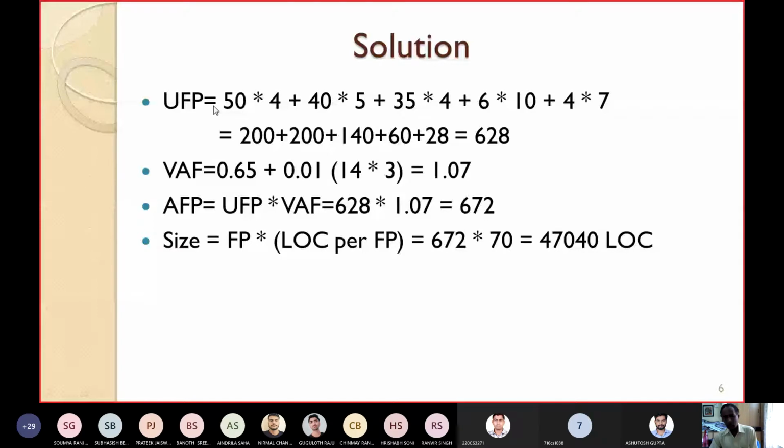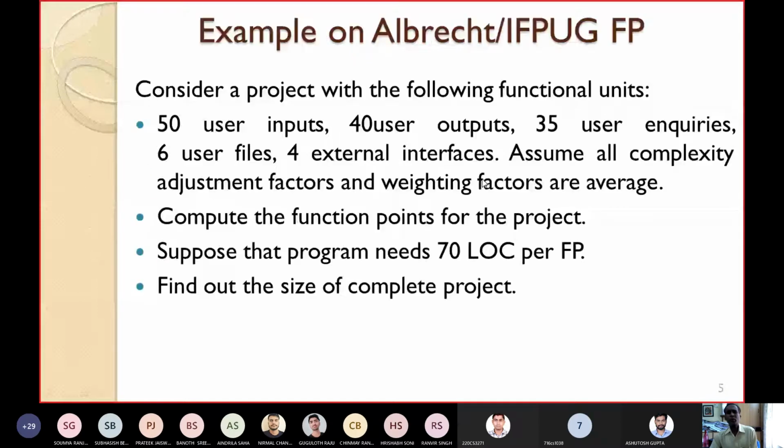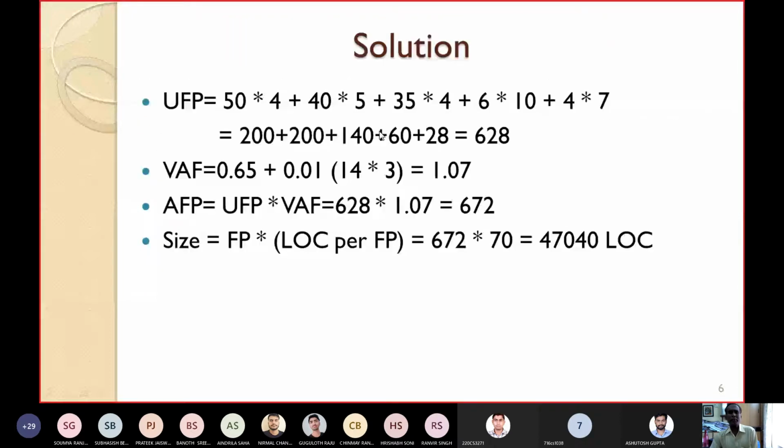It is also given that those 14 system characteristics are also average. Average means you already know the value is 3 for average. How many characteristics? 14 characteristics. So 14 into 3. The formula for VAF or TCF, the value adjustment factor or technical complexity factor, is computed as 0.65 plus 0.01 into the sum over the 14 characteristics, and for average the value is 3.